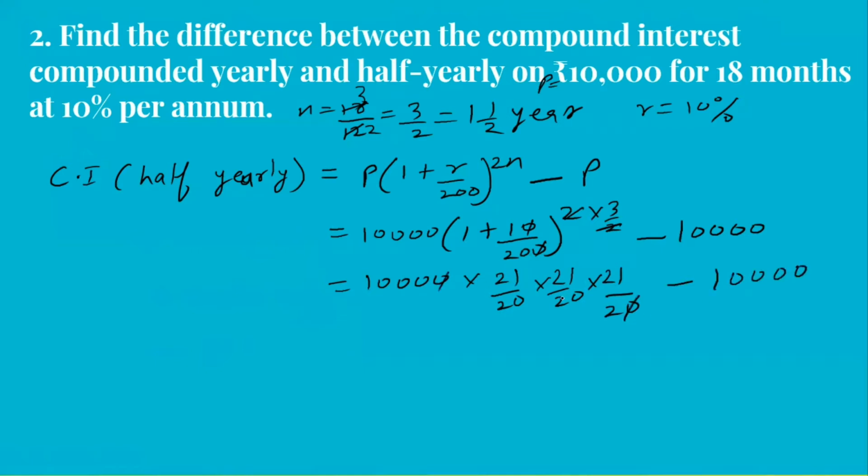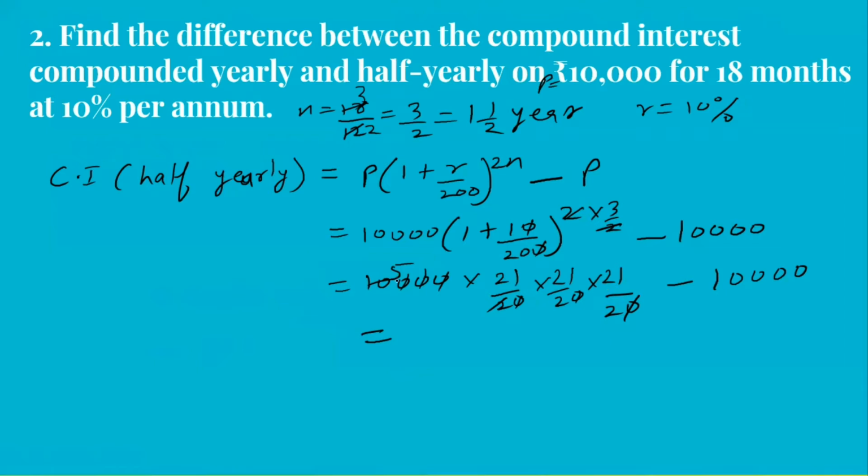Simplify this. You can cancel these zeros and you get 2 fives are 10. 21 cubed is 9261, and 9261 multiplied by 5 upon 4, where 2 into 2 is 4. So 5 upon 4 is 1.25.